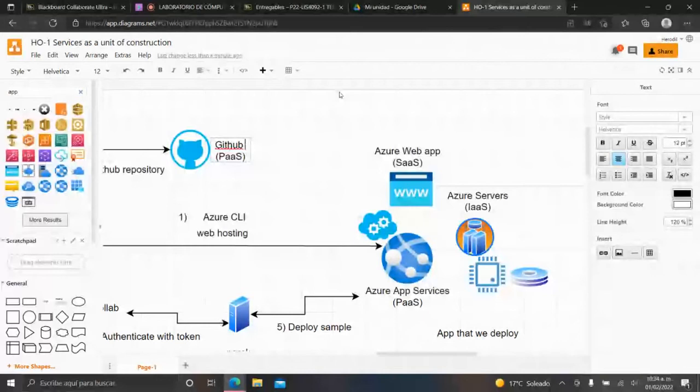This is an application that you install. We used the Azure solution and we installed it in our Google Colab environment.